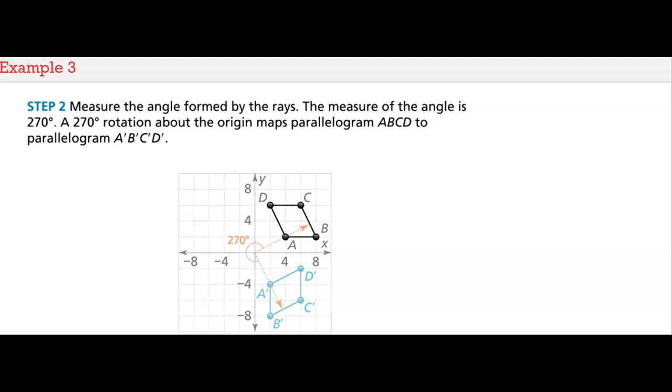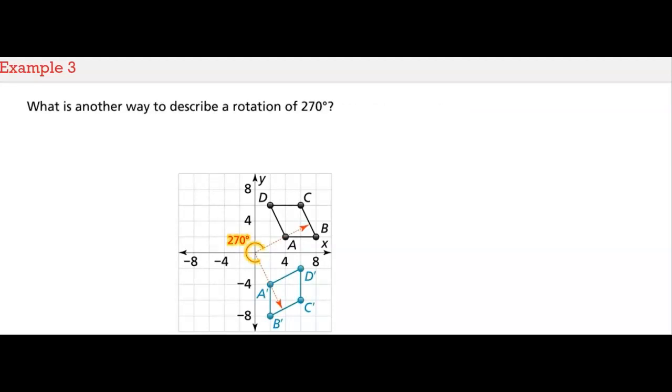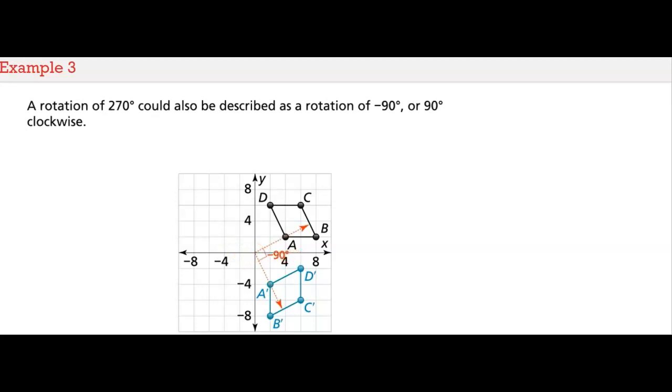A 270-degree rotation maps parallelogram ABCD to parallelogram A'B'C'D'. What is another way to describe a rotation of 270 degrees? A rotation of 270 degrees could also be described as a rotation of negative 90 degrees, or 90 degrees in the clockwise direction.